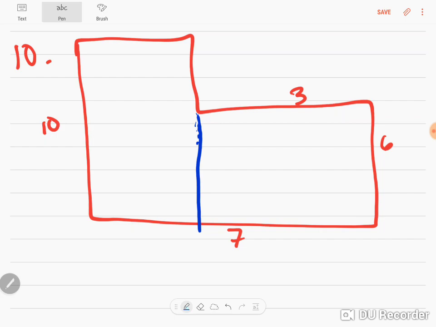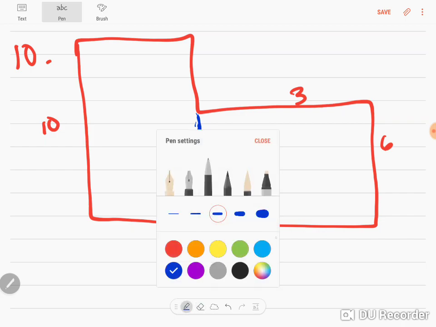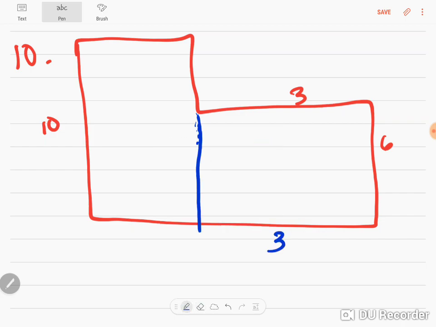So if I know that this side right here is 3, then this is 3. But I knew at one point this whole length right here was 7. So 7 minus 3 is 4. So this side is 4. And if this is 4, that means this is 4.